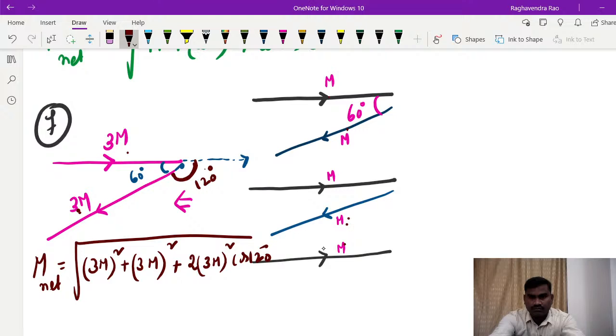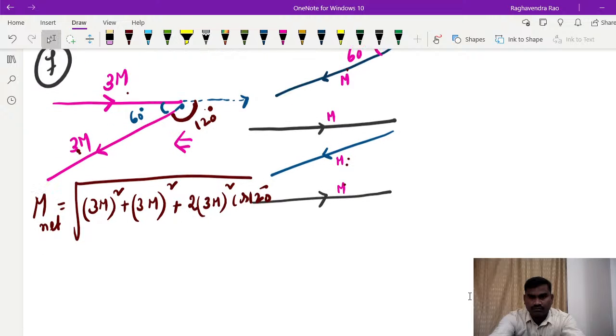So we can take 120 degree and calculate the numerics. This is how we need to calculate the resultant magnetic moment of different arrangements or different combinations of magnetic dipoles and their effective or resultant magnetic moment.